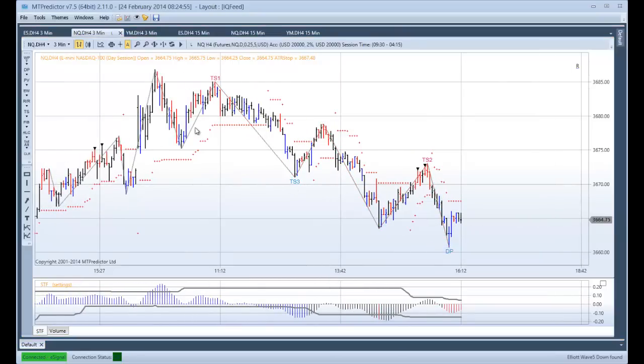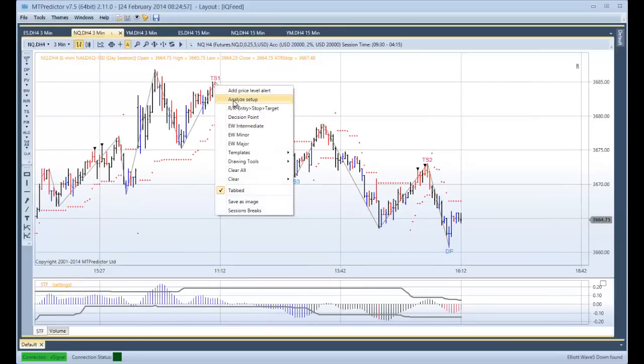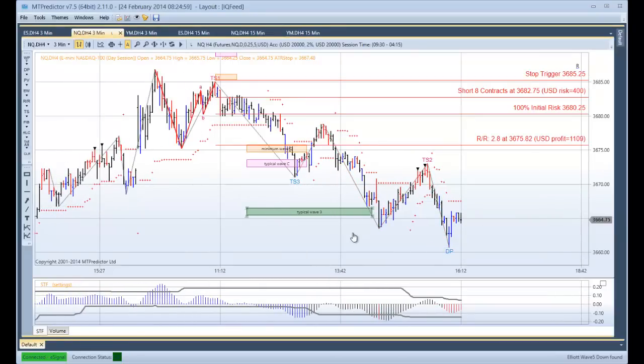But for me, the best trade of the day was this Holy Grail trade setup, because the profit was much larger compared to the initial risk, and this is why I like these Holy Grail trade setups so much.